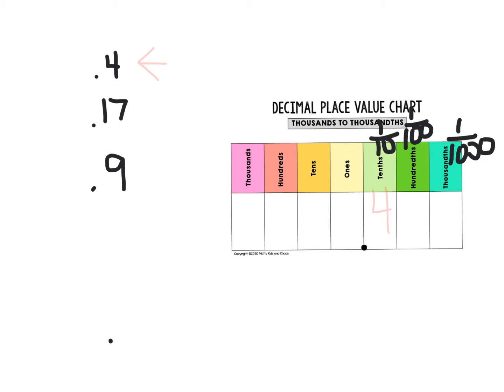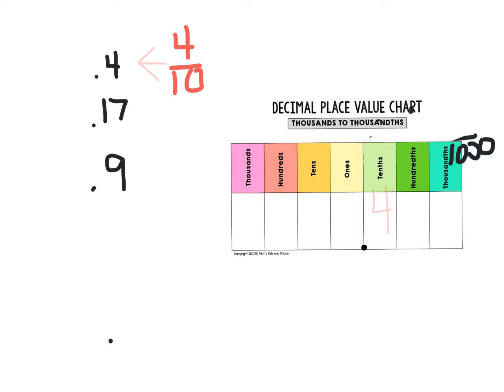So if we have 4 tenths, we could also write that as 4/10. Because how would you say this fraction in word form? We would say 4 tenths. So decimal 0.4 is the same as 4/10. Both of these are 4 tenths.